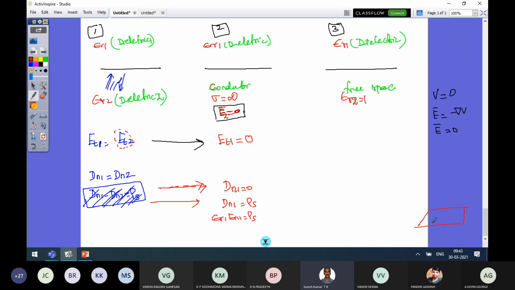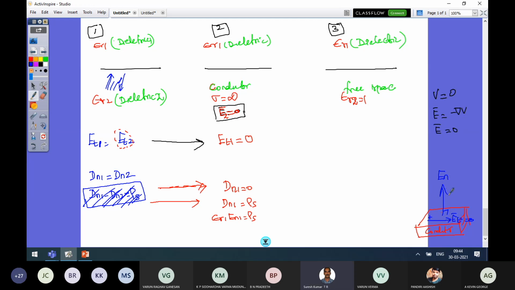Keep this point in mind. If you have a conducting medium, say a slab of conductor, the electric field can survive only if it is perpendicular to the surface, En. If the electric field is parallel to the conductor, it will be zero. The tangential component will be zero because it is like short circuiting, right? Under static conditions, if you keep the plus and minus charges parallel to the conductor, they will be short circuited.